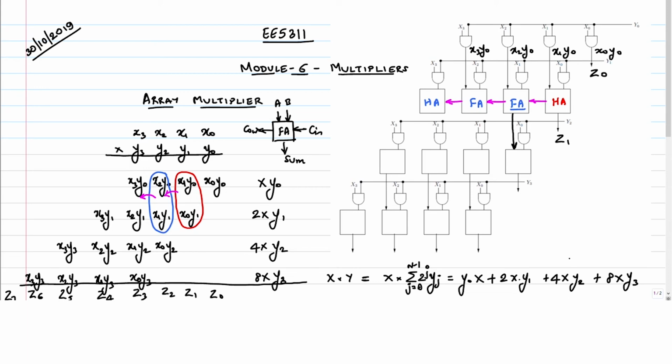No, the aim is not to reduce the number of adders. The aim is to do it as fast as possible. So, we'll come to that. It turns out that by doing what you said, you'll actually speed it up by putting in more adders. I'll come to that. That is the next architecture.